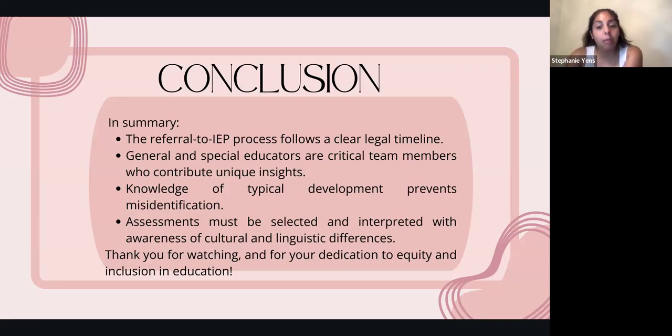Knowledge of typical development prevents misidentification, like I stated before. Students who are English language learners are sometimes misidentified because the way that their acquisition of the language is being presented is similar to those who have a learning disability. And assessments must be selected and interpreted with awareness of cultural and linguistic differences.